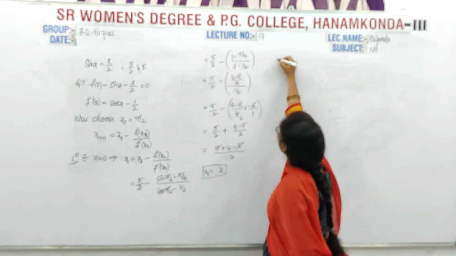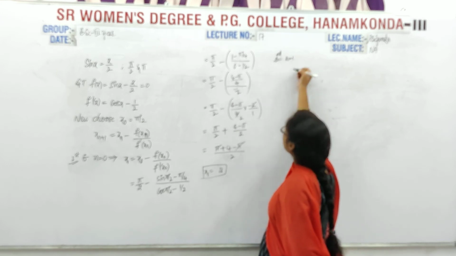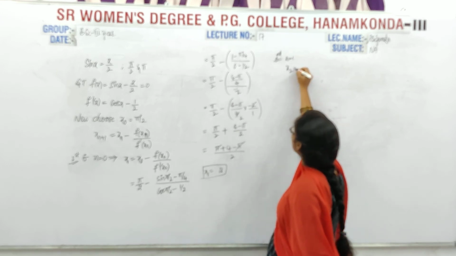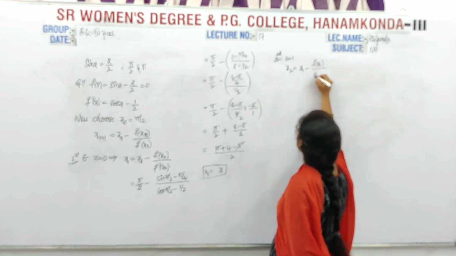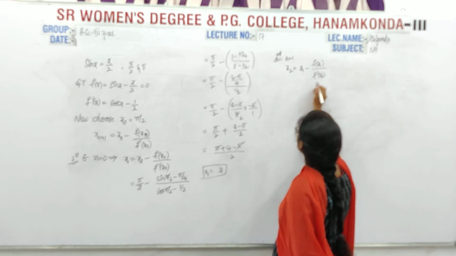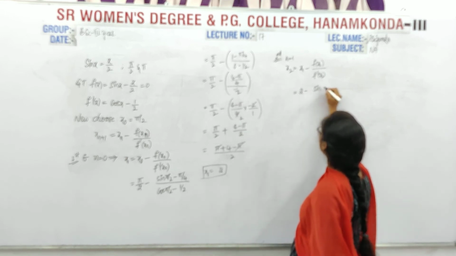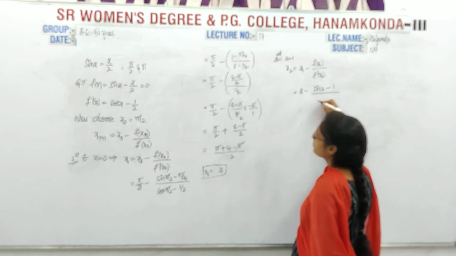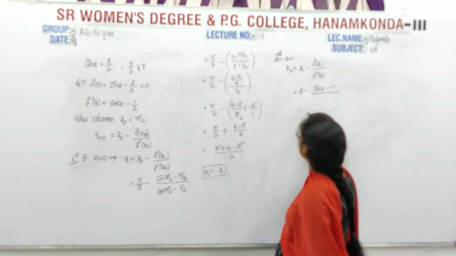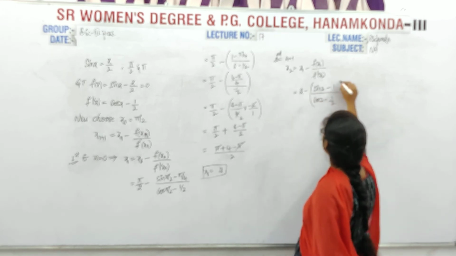Now here we have to do the second iteration. n = 1. Then x2 = x1 - f(x1)/f'(x1). So now directly 2 minus sin 2 minus 2/2, divided by cos 2 minus 1/2.